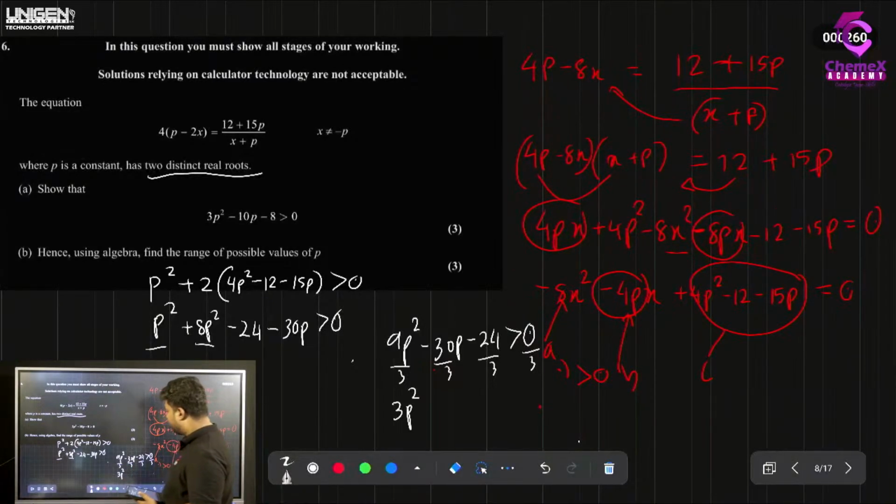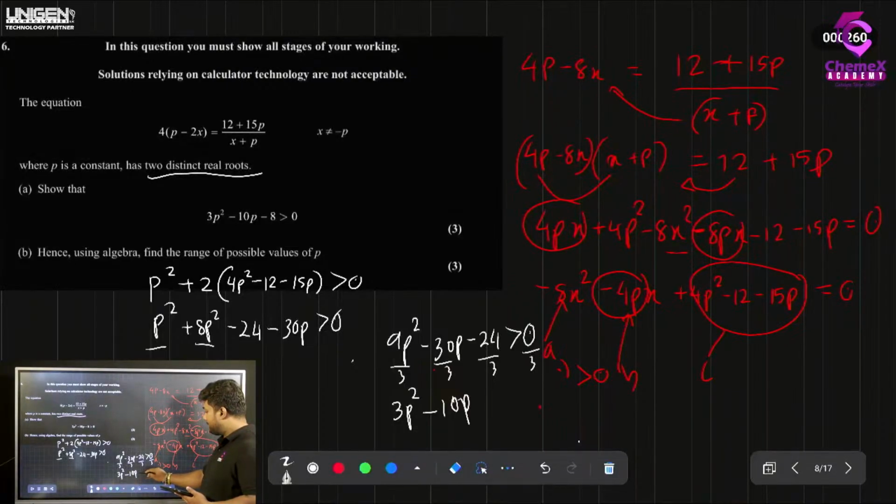Sir, for that, minus 8x squared, minus 4px, for that 4p squared, can't we put it before minus 4px?